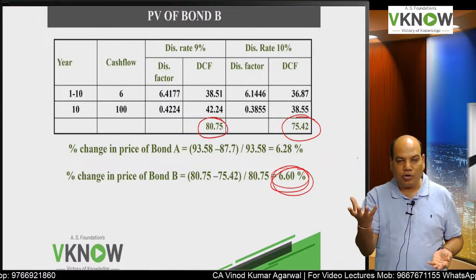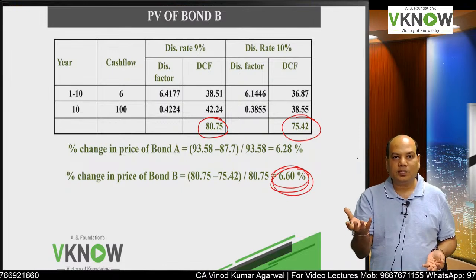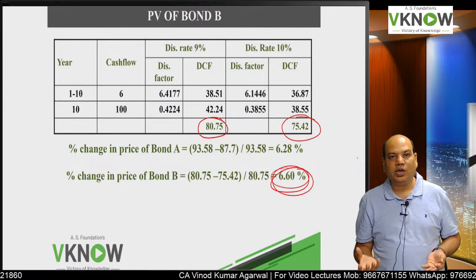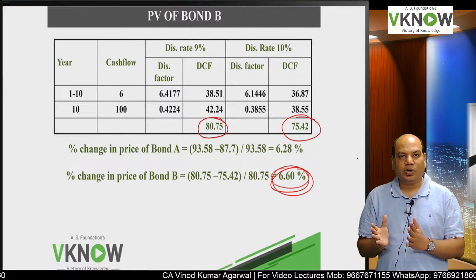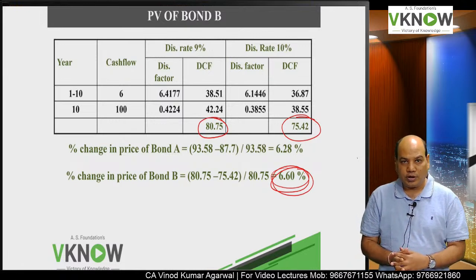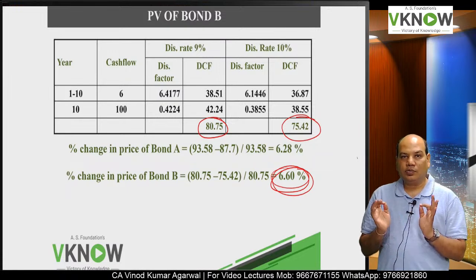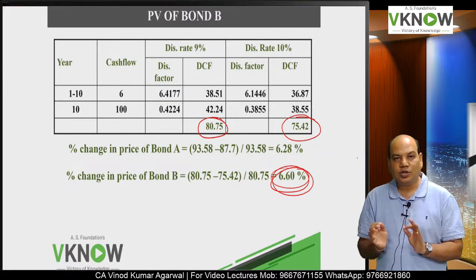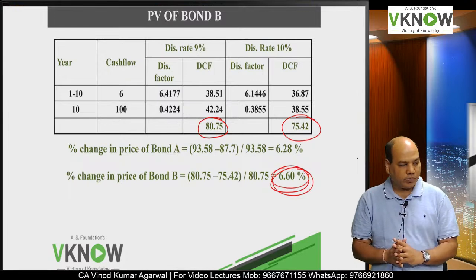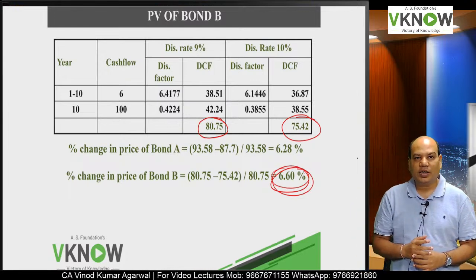The value of the bonds held by this bank went down by billions of dollars, and that is why that bank had to wind up. It can be such a big risk that one of the banks in USA had to wind up because of fluctuating interest rates.